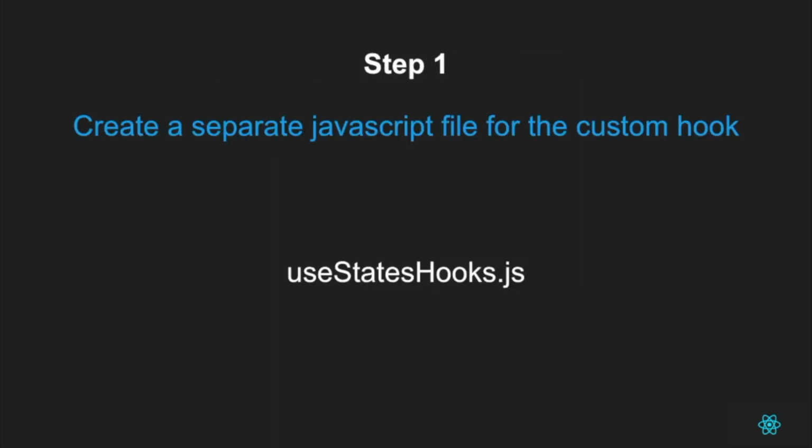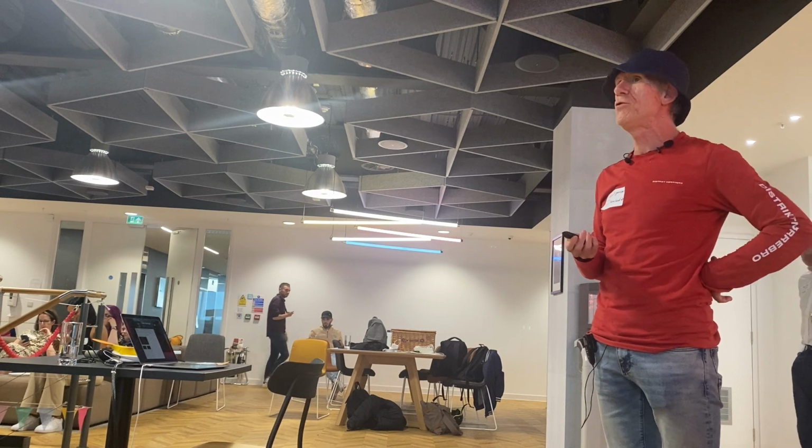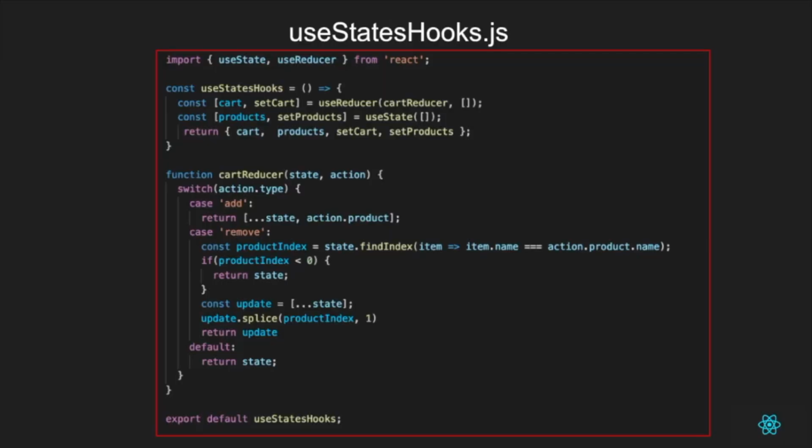How do we do that? I create a separate JavaScript file. I name it useStateHook. You always have to name it with use; it has to start with use. I put in here all my state hooks I've used until now, and also the cart reducer I've already talked about.